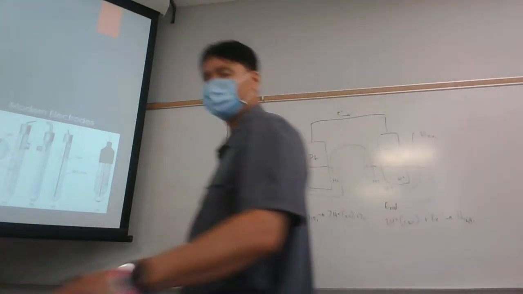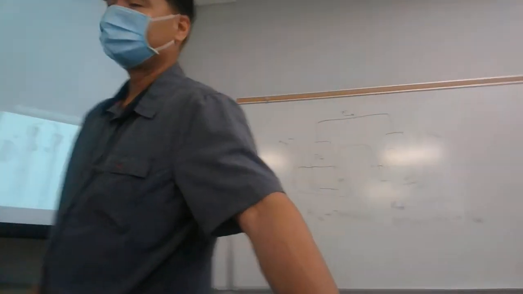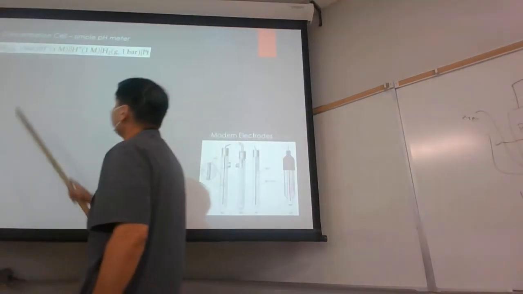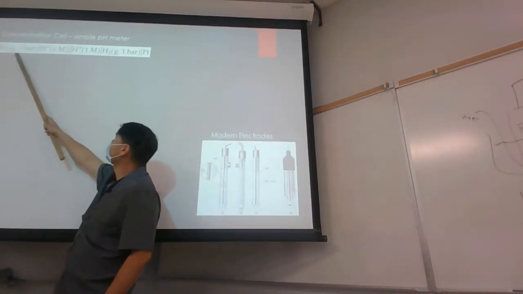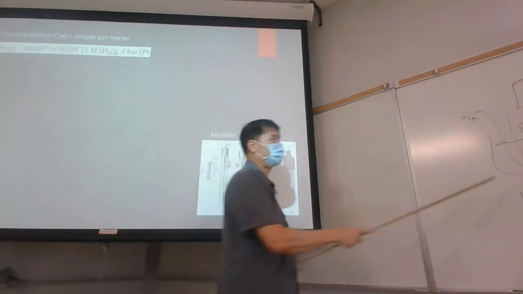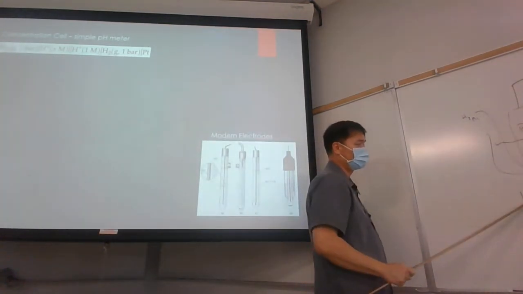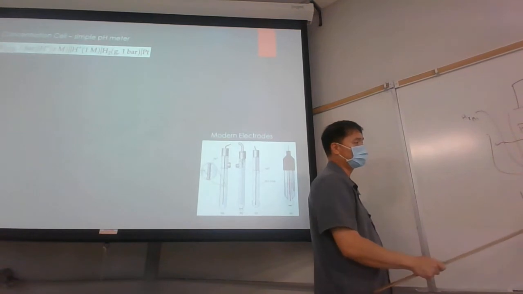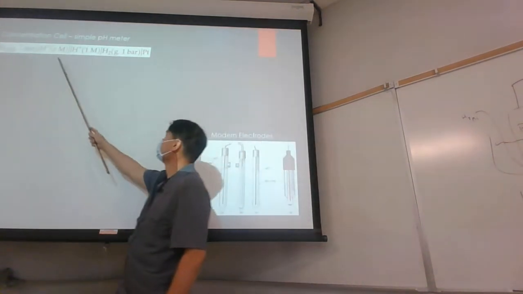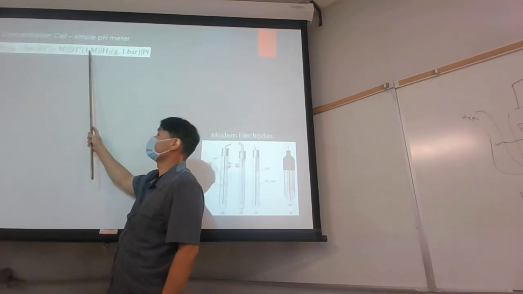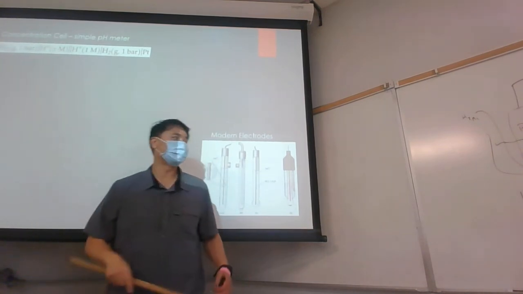And so when I look at the cell diagram here, what I have is reactant to product. So at the anode, I have reactant hydrogen to product H plus, and the H plus concentration is going to be X molar here. X has to be less than 1, otherwise electrons aren't going to flow.